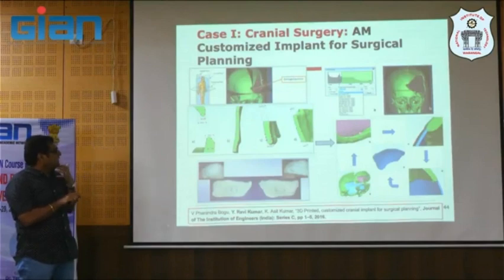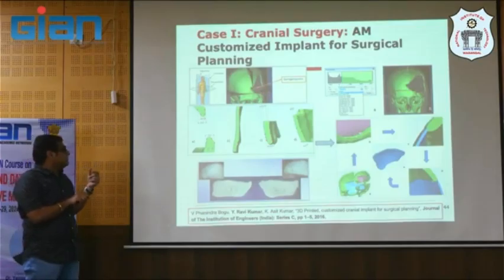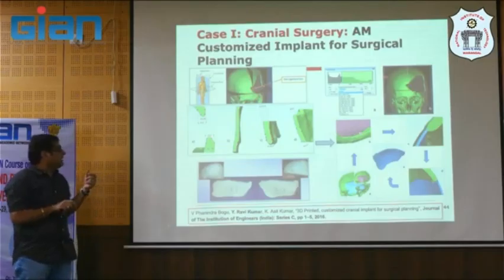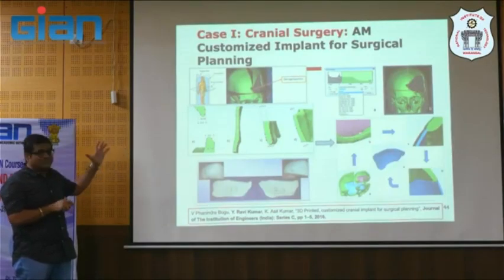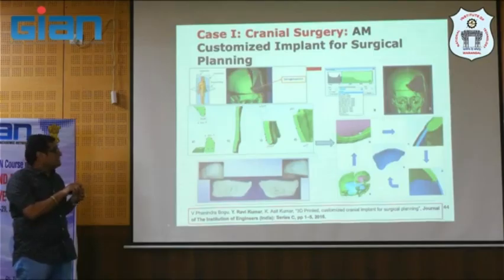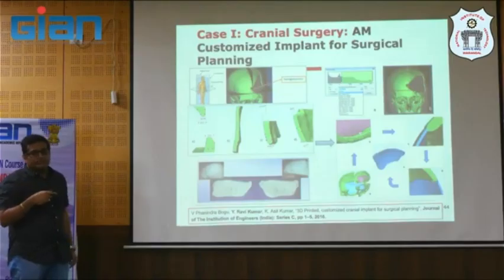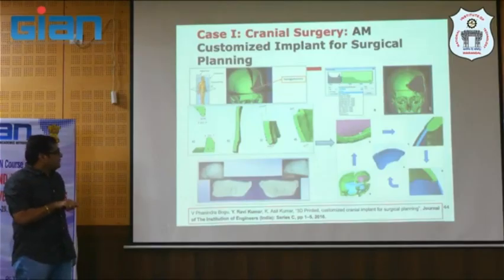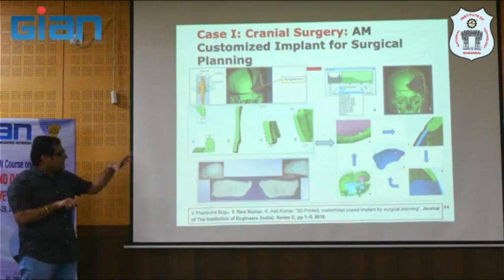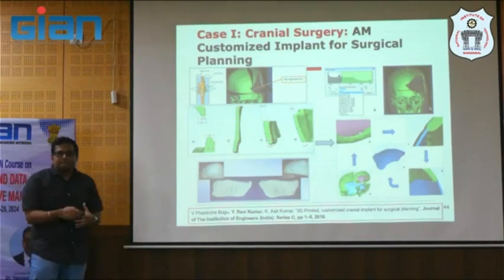So here the challenge is that your bone is not uniform thickness across the entire skull, and we need to design carefully, take several measurements, and do a correct fitment of this implant against the skull. And you have cerebrospinal fluid, a fluid which is generated in the brain, and it will pass all the way to the spine, right? And the fitment is very important here. So you can model, simulate, print it and test it, right?